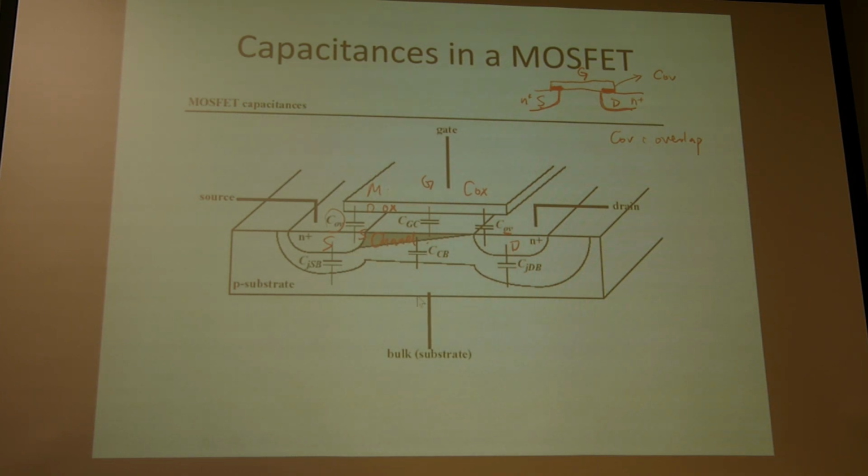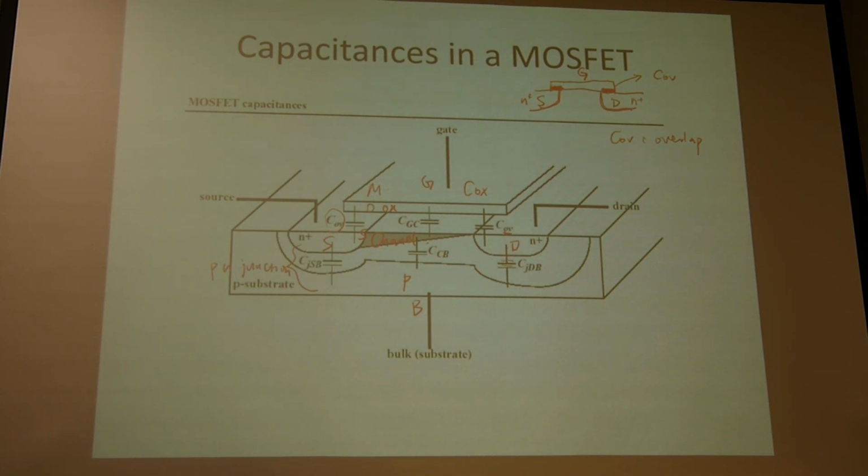And also here, for the source and the drain, in this NMOS your substrate is P-type. So here you have a PN junction. From source to body, or drain to body, you have those junction capacitances.